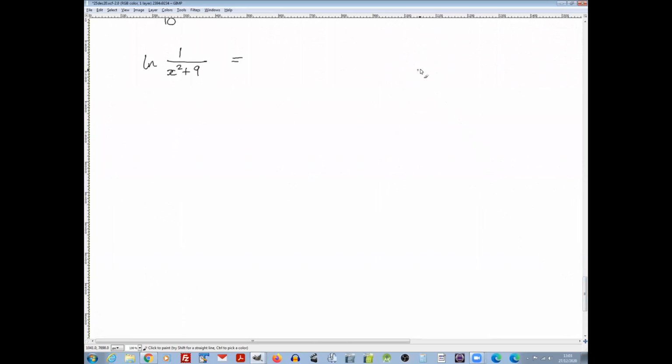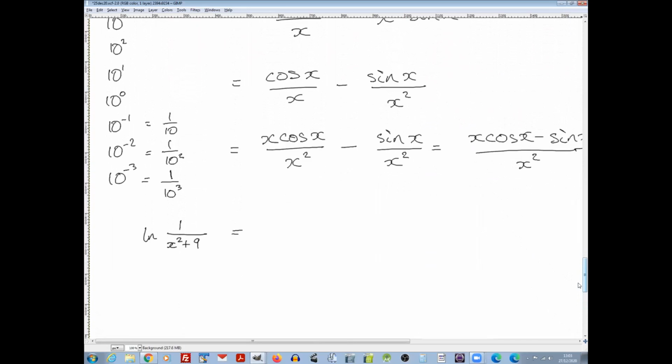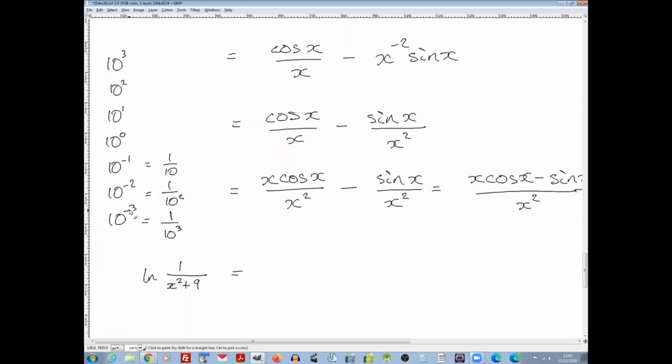But the thing is, given that logs are powers, a negative power is the power you have to raise something to get 1 over. So when you look at the log of 1 over something, you're talking about the power necessary to raise e to get 1 over.